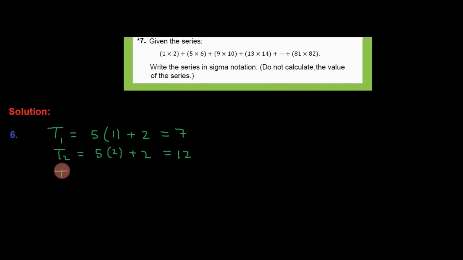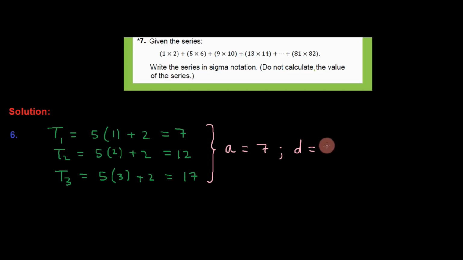Term 3, plug in 3 for a, and we see it comes to 17. So from this, we can see that the first term a is 7. The common difference d is 12 minus 7, which is 5.